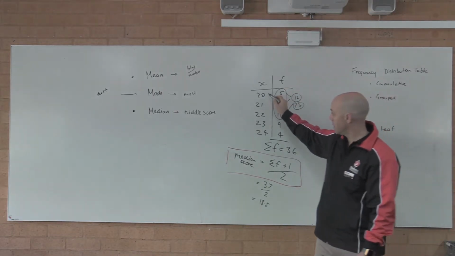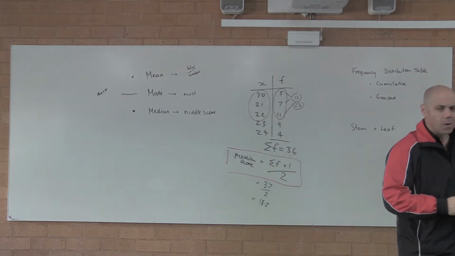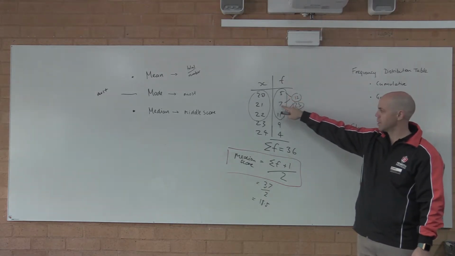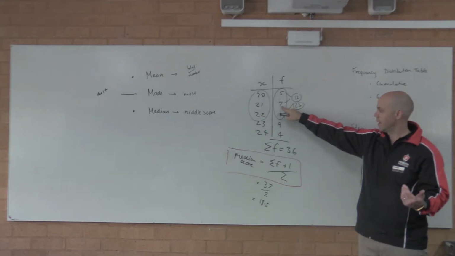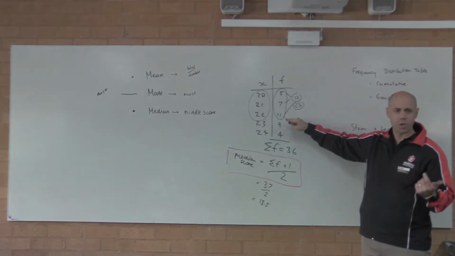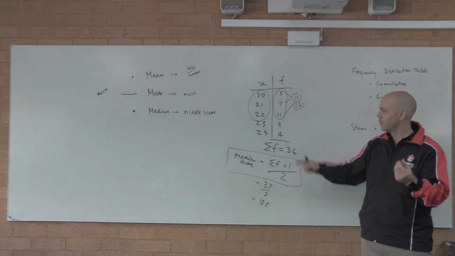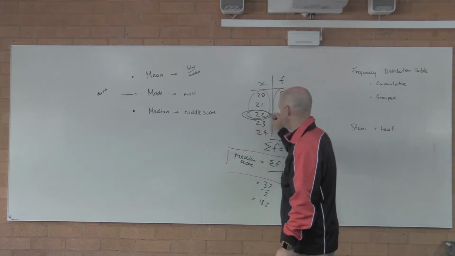So, 5 scores in the 20s, 7 scores in the 21s, that means 12 altogether. And the next 11 scores are in the 22s. So what scores are my 18th and 19th scores? They're 22, aren't they? This bit in here.